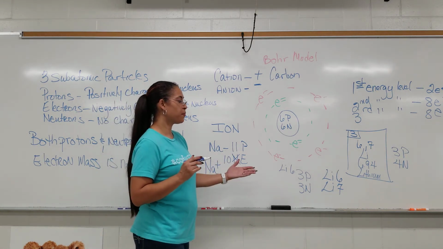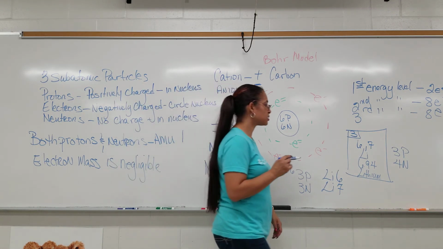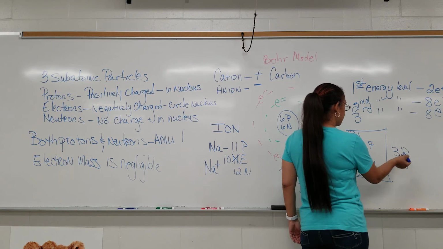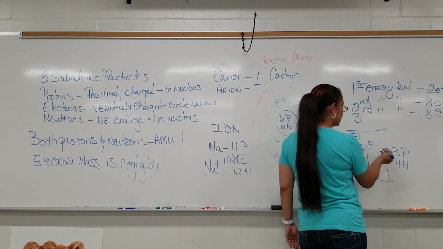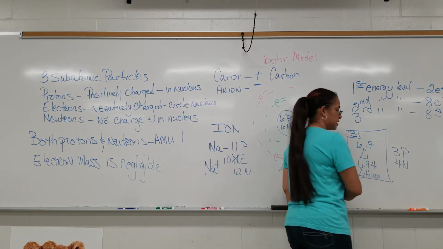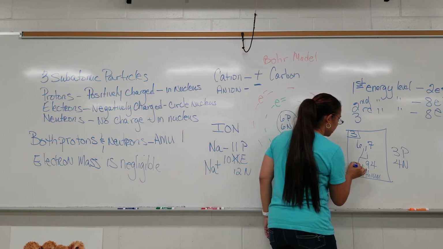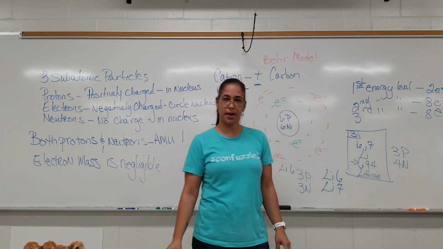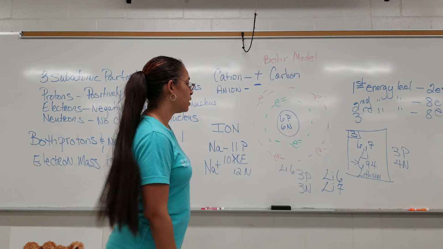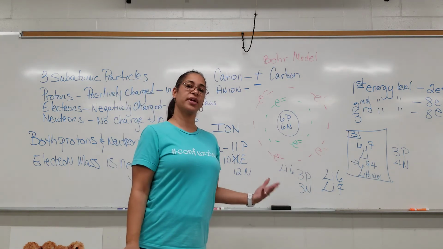So, with 3 protons and 4 neutrons, lithium-7 is slightly heavier than lithium-6. Now, if you look here at the atomic mass, okay, the average atomic mass is 6.94.